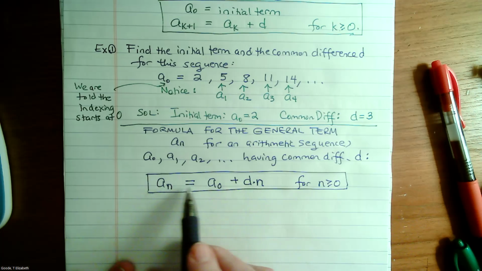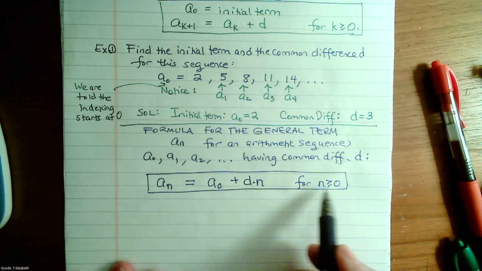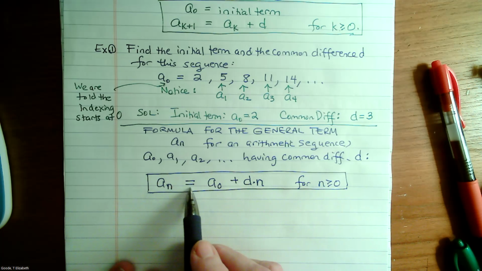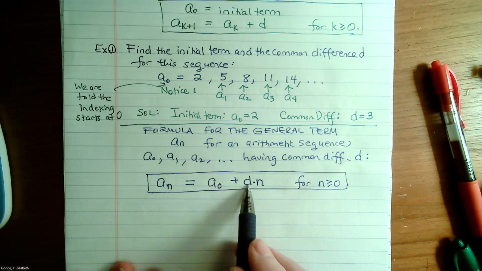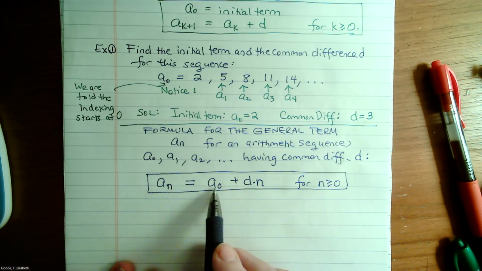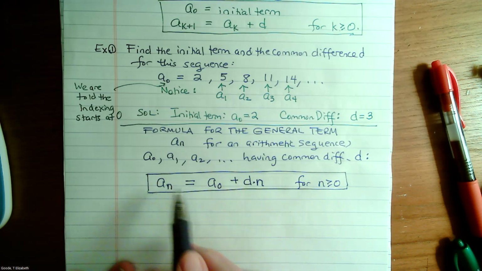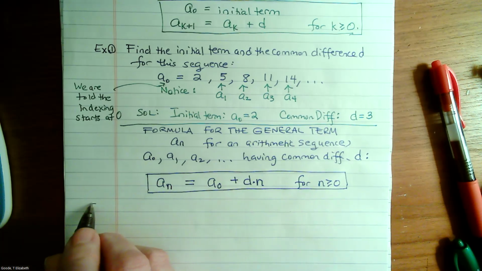In other words, a sub 0 is just equal to a sub 0. When n is 1, well, a sub 1 is equal to a sub 0 plus 1 copy of d. When n is 2, a sub 2 is equal to a sub 0 plus d times 2. In other words, we've added d twice to get to a sub 2, and so on and so forth.